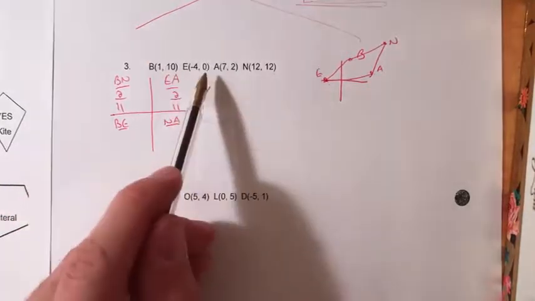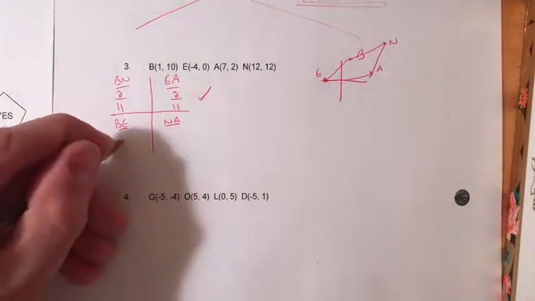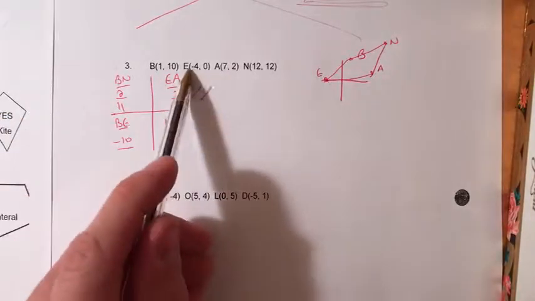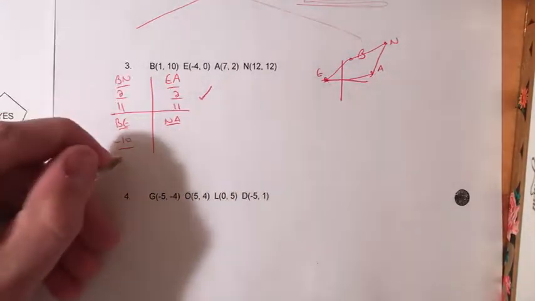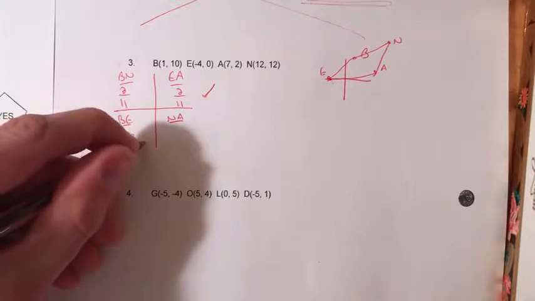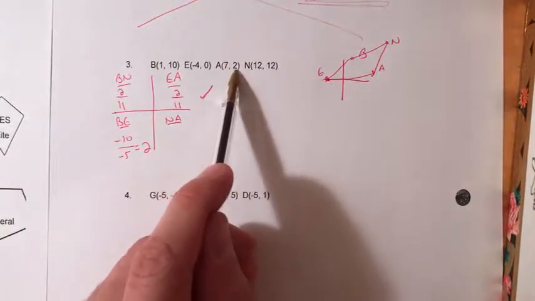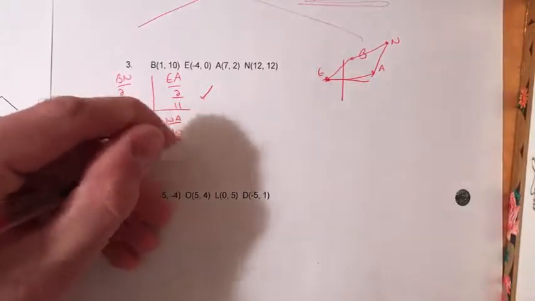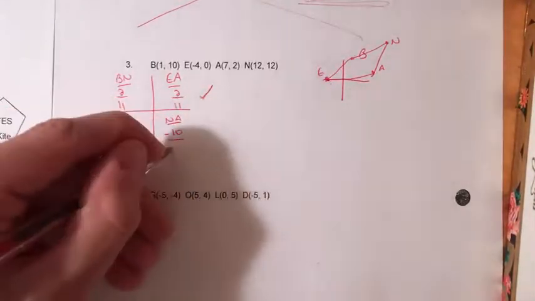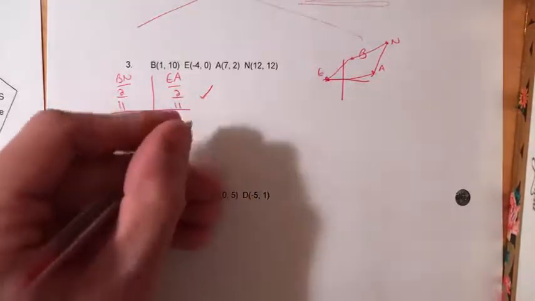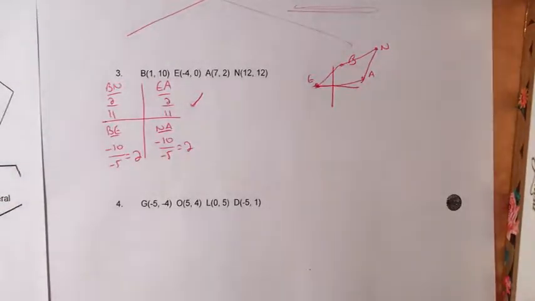Now I have BE: 0 minus 10, negative 10. Negative 4 minus a positive 1 is a negative 5, which reduces down to 2. And NA, I have 2 minus 12 is negative 10. 7 minus 12 is negative 5, reduces down to a positive 2. Again, if I'm moving too quick on this, just rewind it, watch it a couple times.